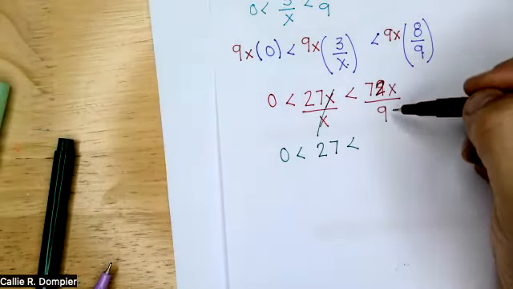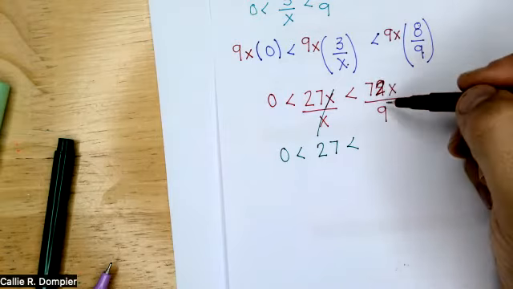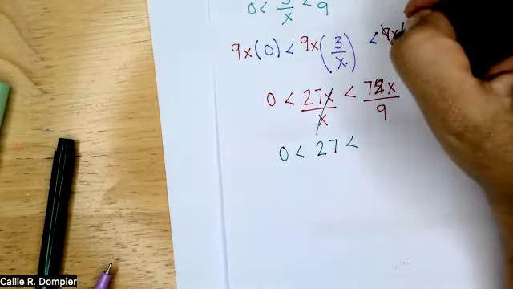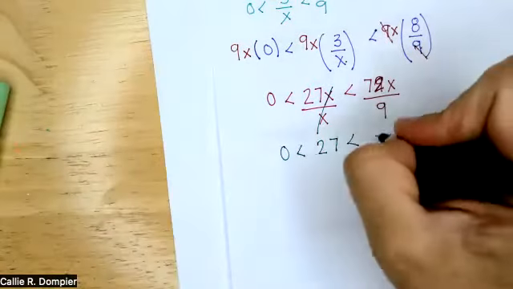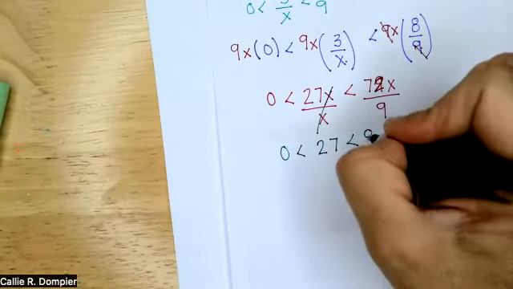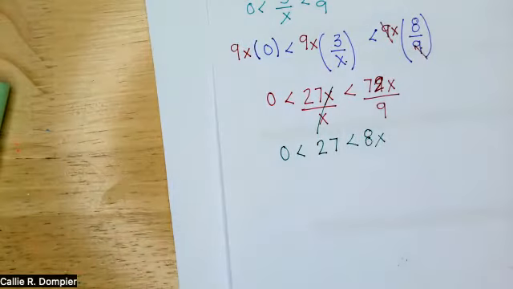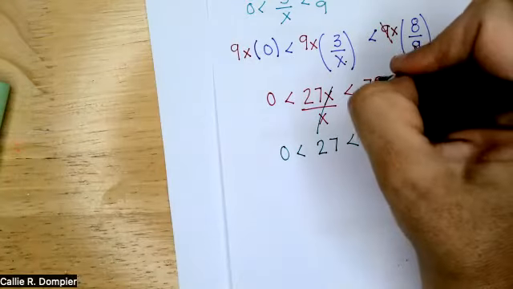I can simplify 72 divided by 9, right? That was just to cancel that. It is 8x. Good. Any questions about how I did that, except for the mistake, sorry about that.